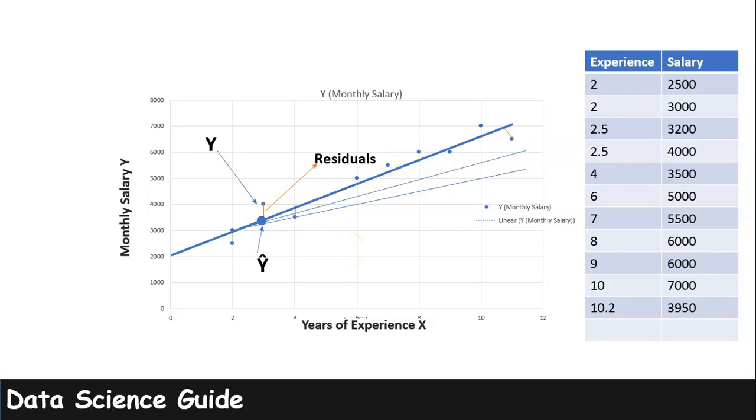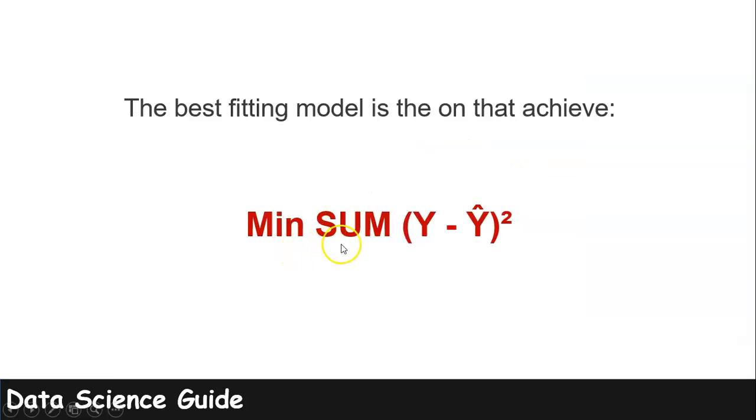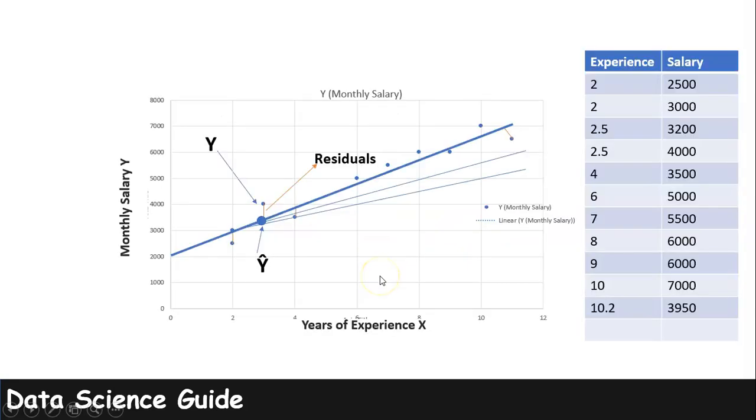And the answer is the minimum sum of y minus y hat squared. So the best fitting line or slope is the one that achieves the minimum sum of y minus y hat squared.